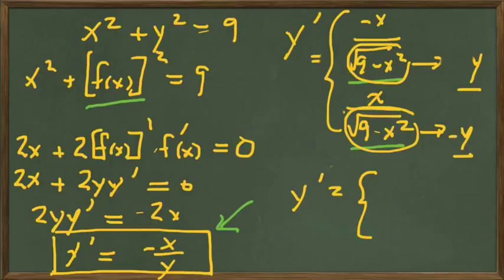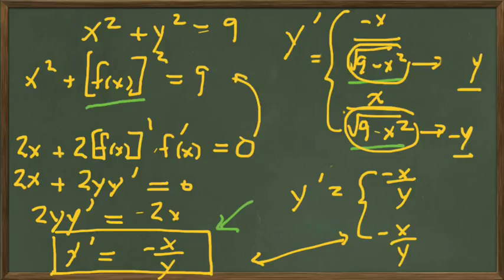And so on the top half of the circle we have minus x over y, and on the bottom half of the circle we also have minus x over y. And so we get the same thing as we have when we do this implicitly, but the implicit method is much faster, especially as we're going to see when we take out these intermediate steps that we have right here.